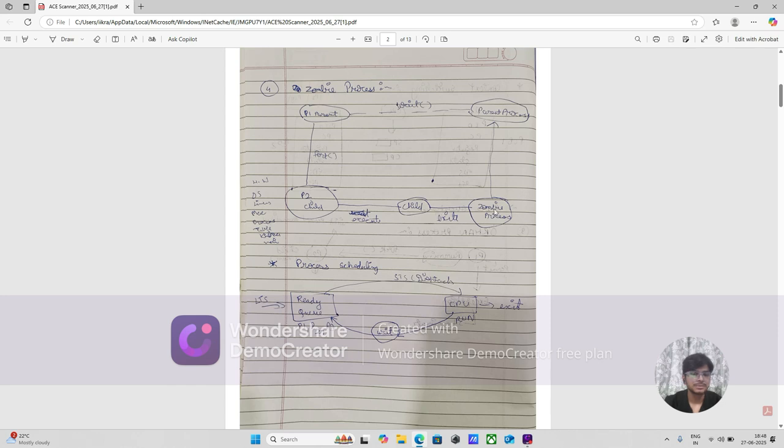The parent does not know that P2 has executed, and is waiting for 3 minutes. So this is called a zombie process, because it's taking space and resources of the CPU. That's why it is called a zombie process.